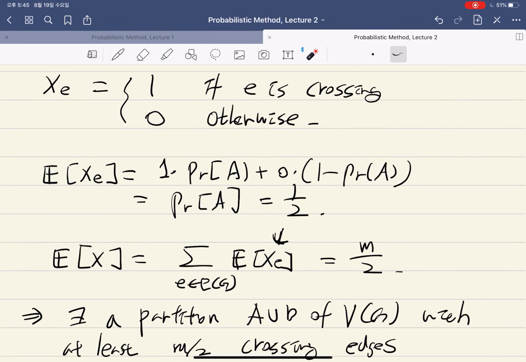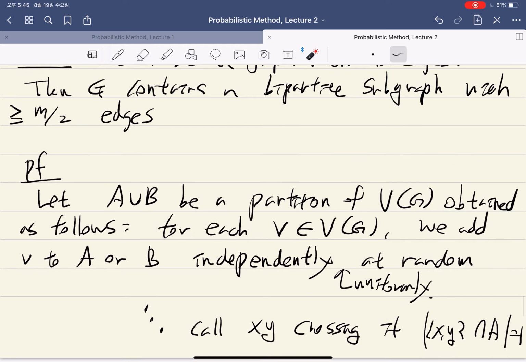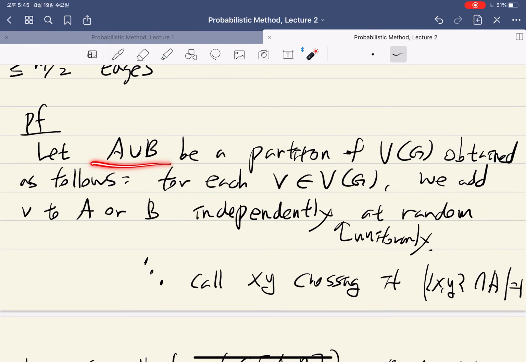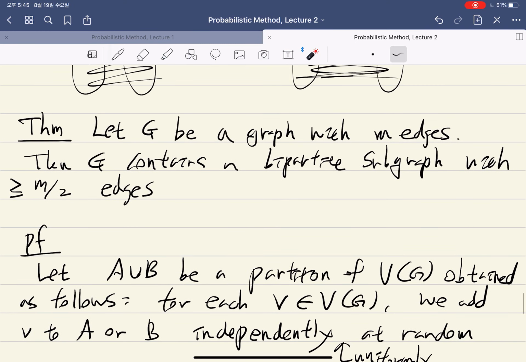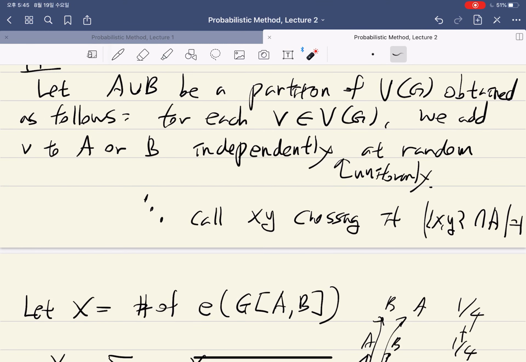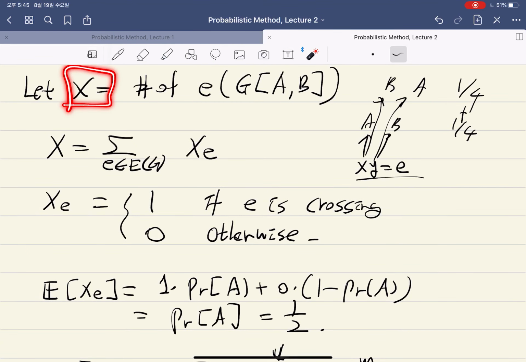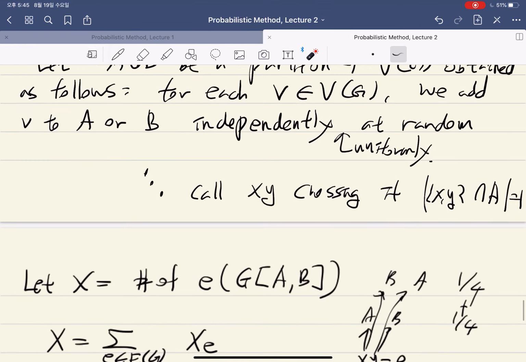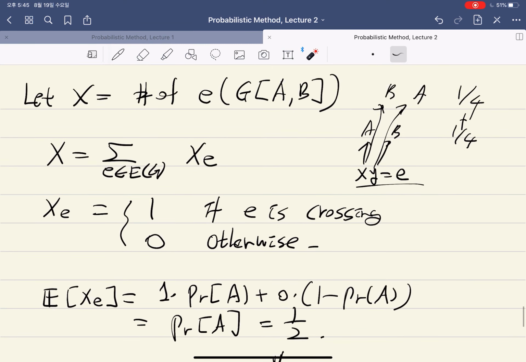But here you see a typical technique. We want to show that something exists which satisfies a certain condition. This quantitative condition can be encoded into a random variable. This random variable measures some number, and we want to show that there is a choice which makes this X as large as m over 2.